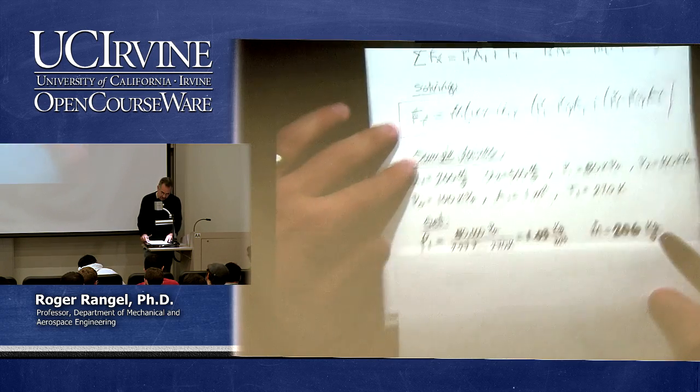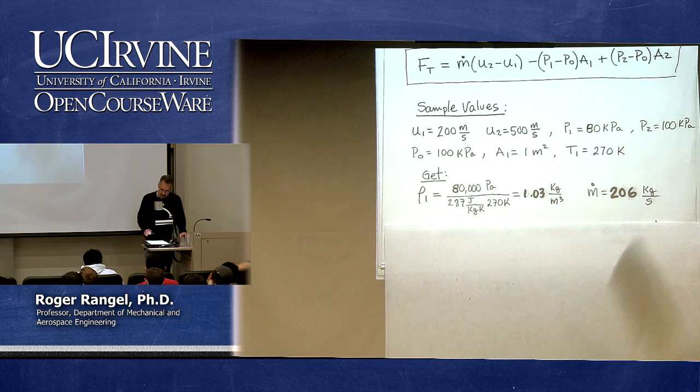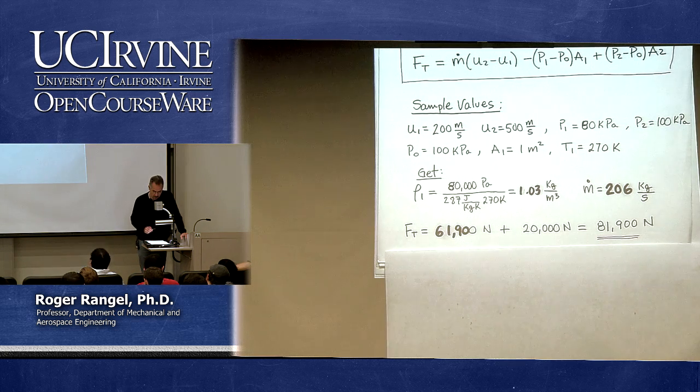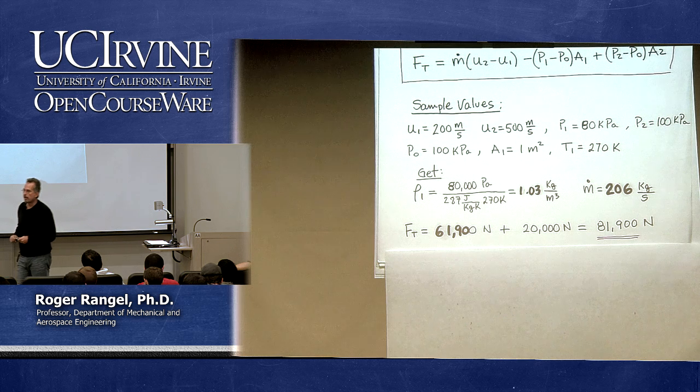So if you plug everything in, you get your density, you get your mass flow rate, which happens to be about 200 kilograms per second. And then you put everything in the equation, and you get about 82 kilonewtons.